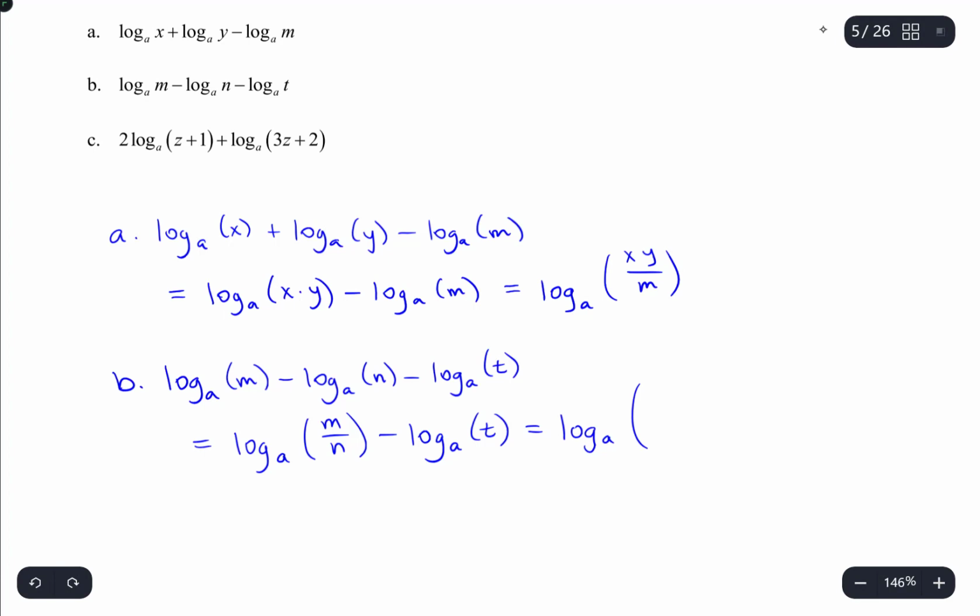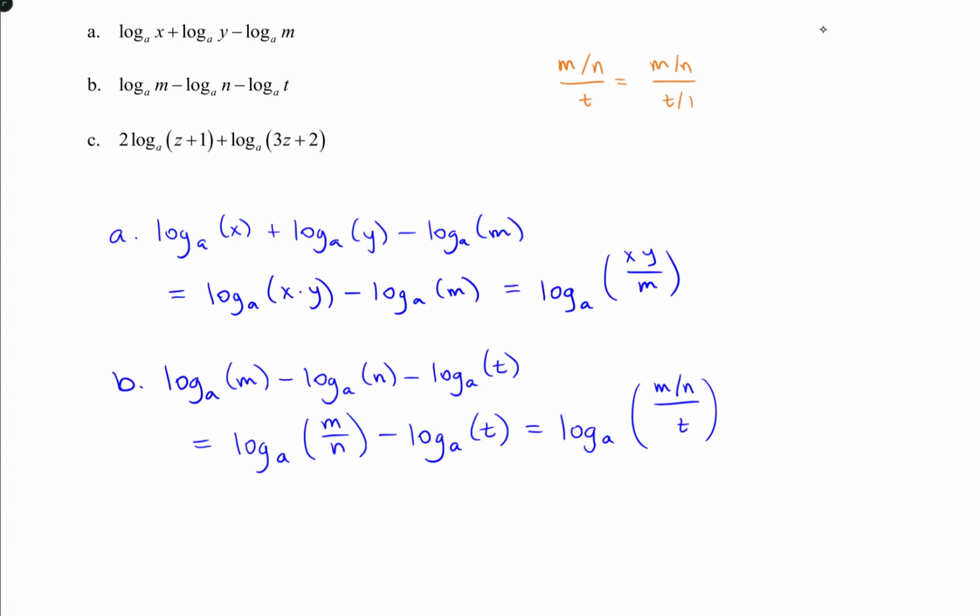Now, I could do this as m over n divided by t, but I think there's probably a better way of reducing that. So if I had something like m over n divided by t, then instead let's think of it as m over n divided by t over 1, because any value divided by 1 is itself.